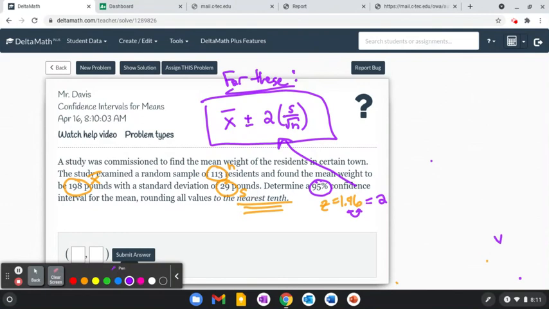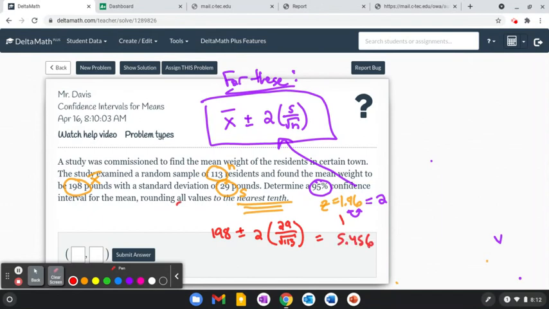All right, so let's go ahead and calculate this. We've got x bar first. X bar is 198 plus or minus 2 times s, which was 29, over the square root of 113. So we'll do that second part of the calculation first: 2 times 29 divided by the square root of 113. And we get 5.456.